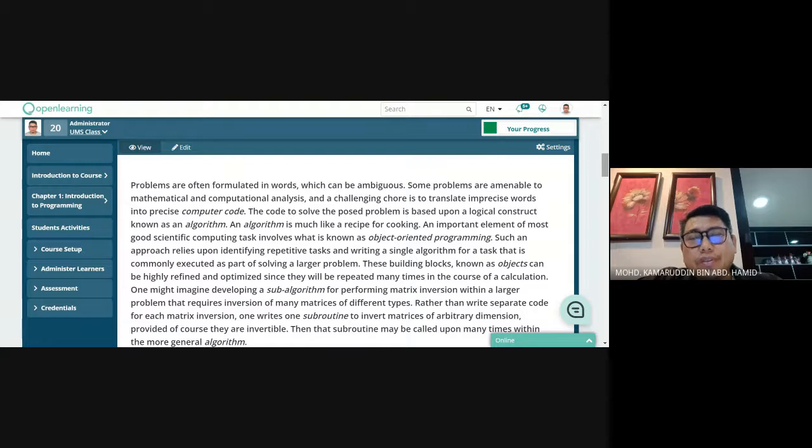For example, you will develop a table which we call K&L table. K stands for what you know about the problem. Okay, K&L, we will look at in much detail, tapi kita akan belajar dia serentak. Bila kita solve problem, nanti kita akan guna this K&L table.